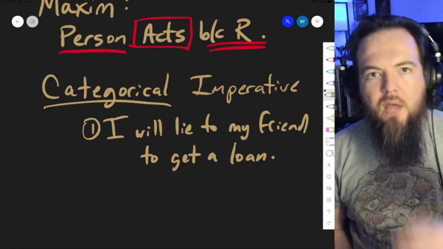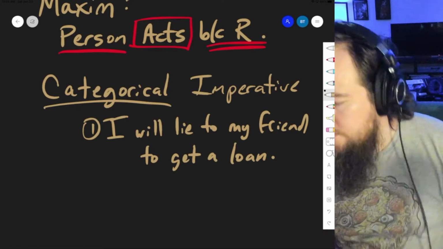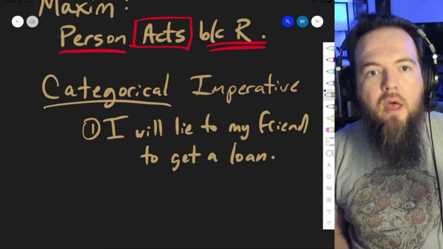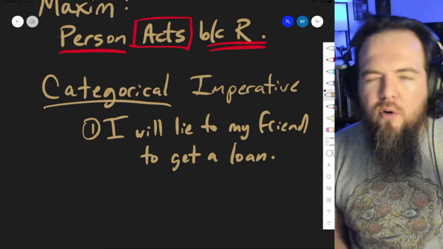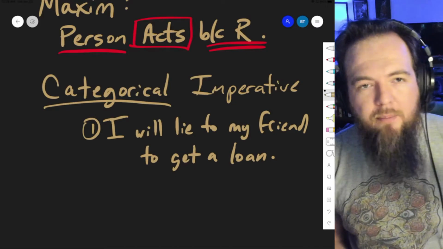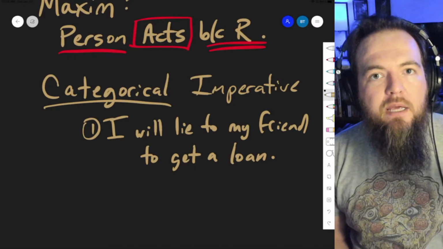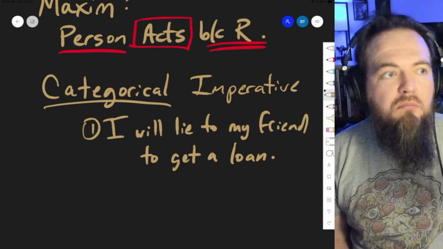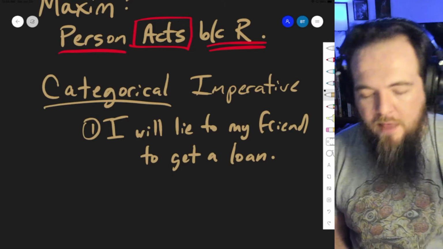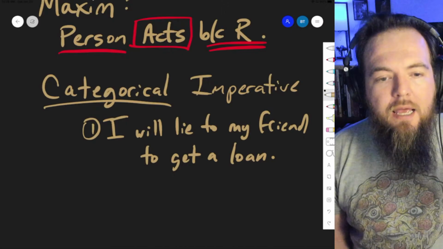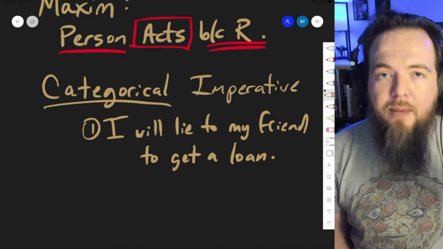So basically, I need some money. And I know that my friend, although she doesn't have a lot of money, has an okay amount, and she will loan it to me. She won't just give me the money. She's not that rich, but she'll loan it to me if I tell her that I'll be able to pay it back.